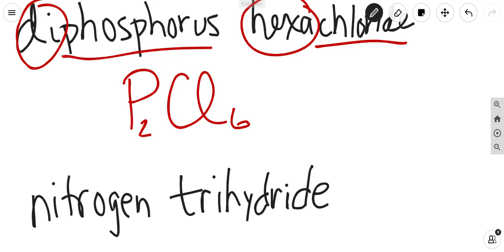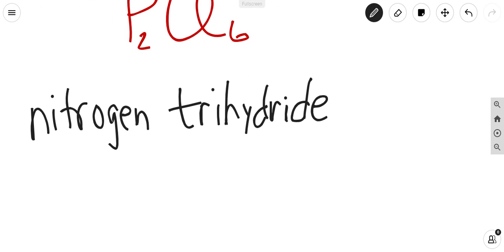So we've got nitrogen trihydride. Okay, my first element is nitrogen. And is there a prefix for it? No. So technically the prefix is mono, but you're not going to write the 1.